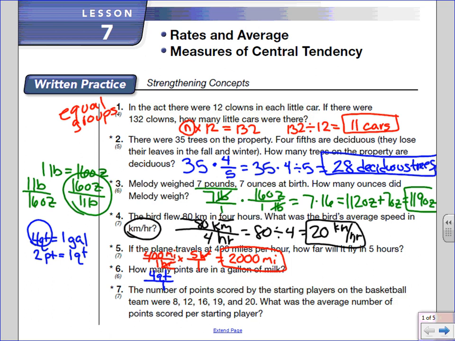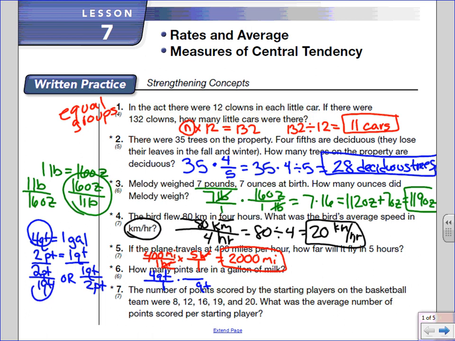And now I need to use the conversion here, and it's either going to be 2 pints over 1 quart, or 1 quart over 2 pints. Since I have quarts on the top of this fraction, I know they need to go on the bottom of this one over here.